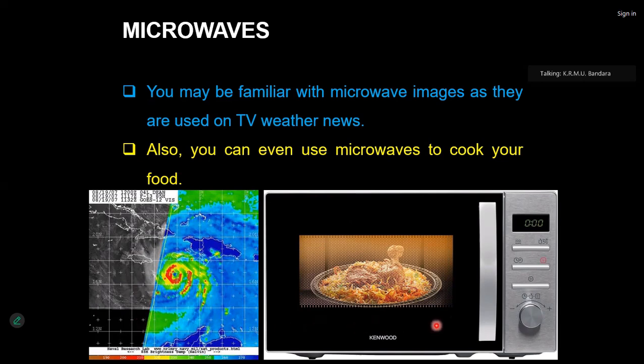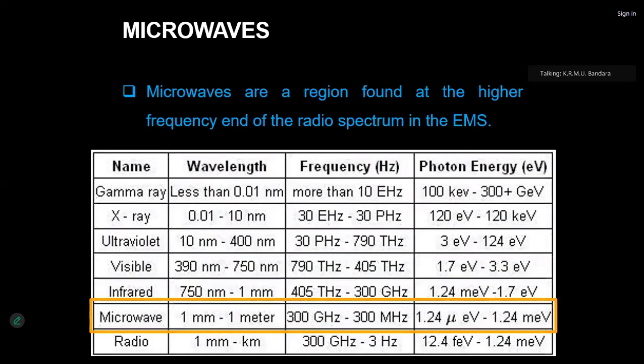This is the microwave oven. You can use it to cook your food and heat your food as well. These are the well-known uses of microwaves. In radar systems we are also using the microwave region of the spectrum. What is the microwave region?